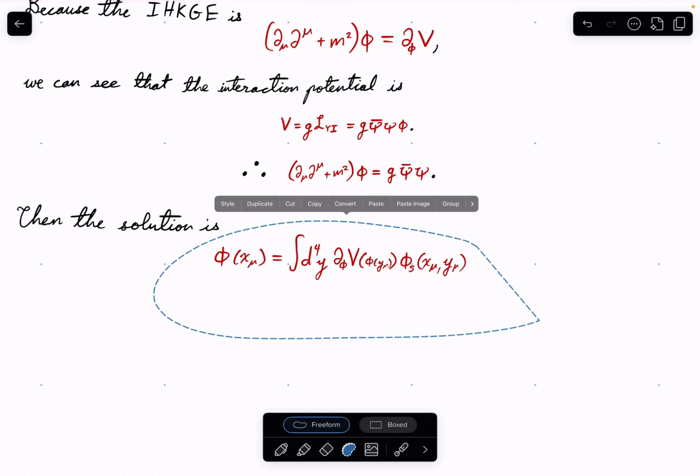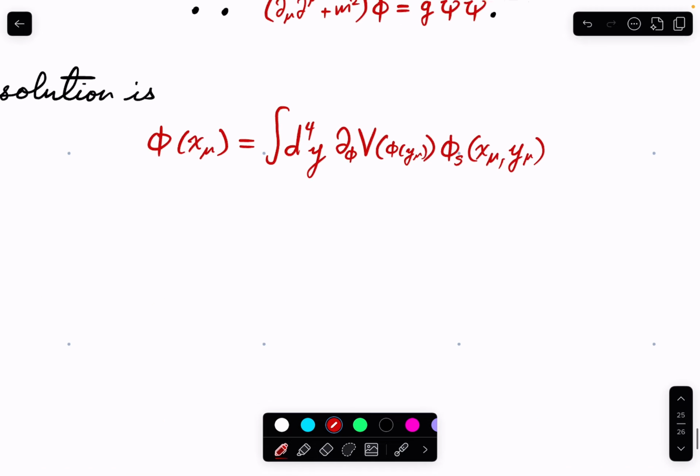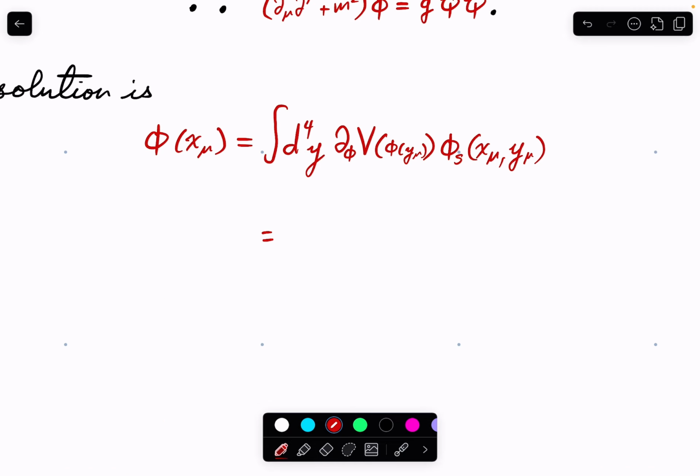So this is the solution, and now expanding it, we end up with G and the integral over y of psi bar psi phi s.